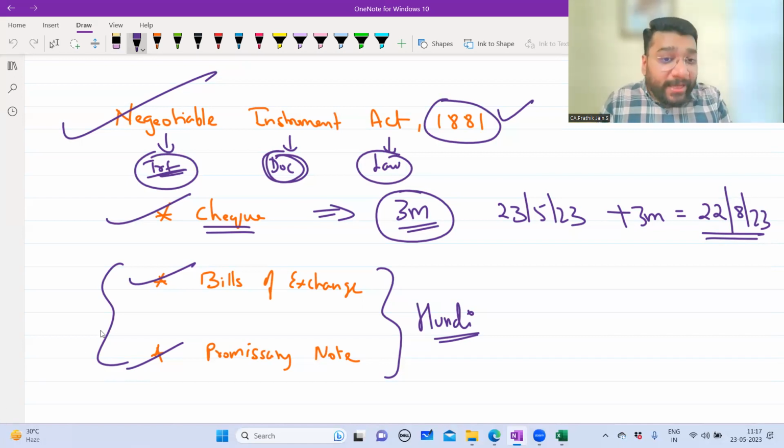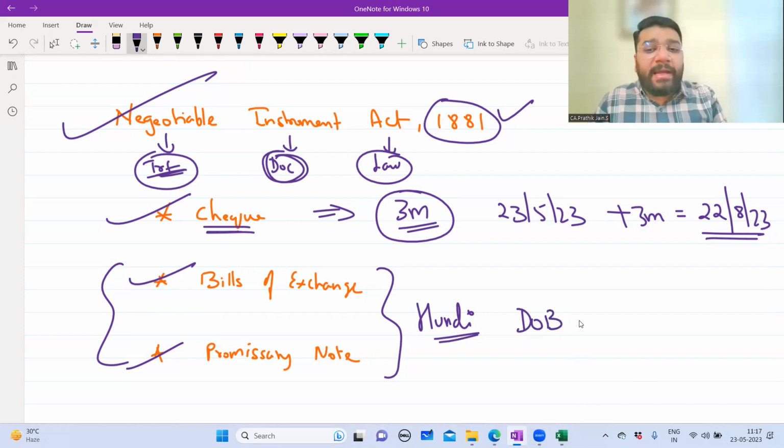So now, like a check, if a bill of exchange and promissory note is given a validity of 3 months, then by default, the due date is after 3 months. In certain businesses, the 3 months date doesn't work. So what they did is, they told that whatever is the date of the bill or the date of the promissory note, with that, you agree a credit period and you add that credit period.